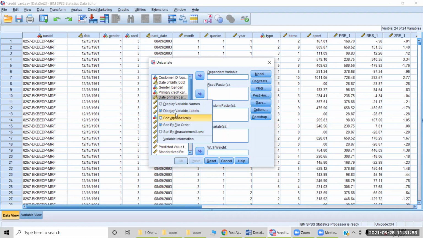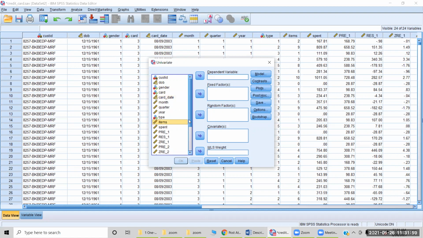In Univariate, the variable we are using as the covariate is items, the number of items, because we assume that if the number of items purchased against the type of credit card increases, then the total expenditure also increases. So the total number of items puts pressure on the amount of expenditure.